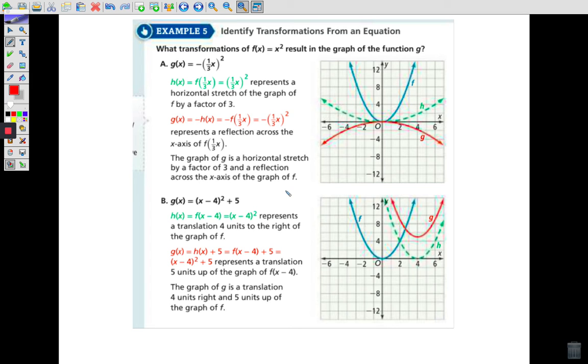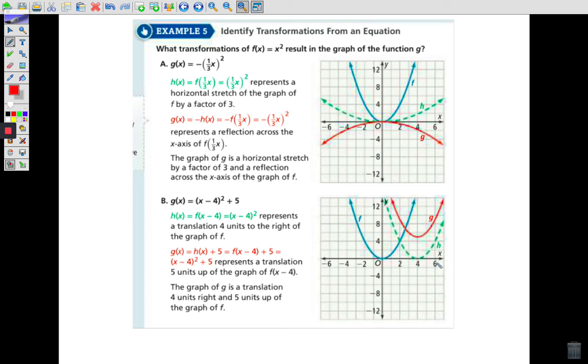The next equation is g of x equals (x minus 4) squared plus 5. So let's break it down. What does the minus 4 on the inside of our parentheses tell us? If it's inside, we're either moving left or right. What is the minus 4 going to tell us to do? Move which direction? 1, 2, it moved to the right, correct?